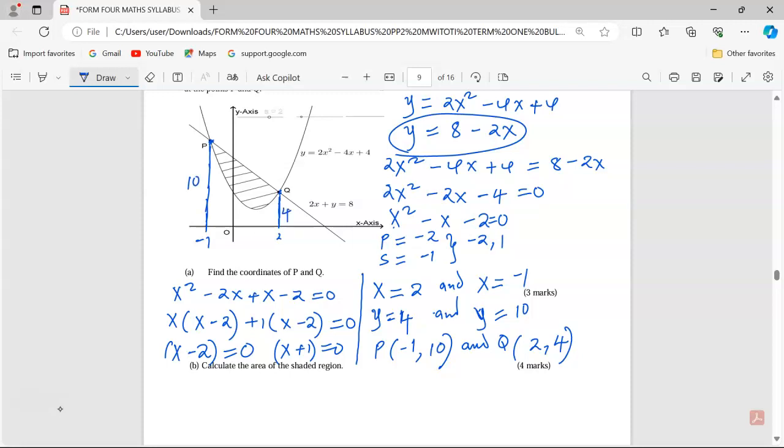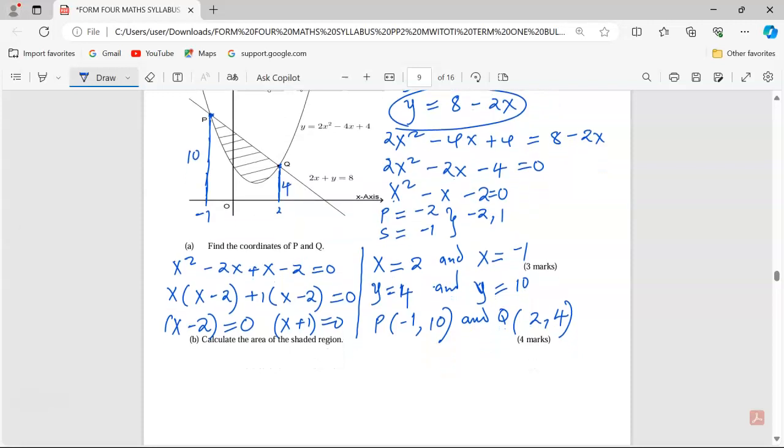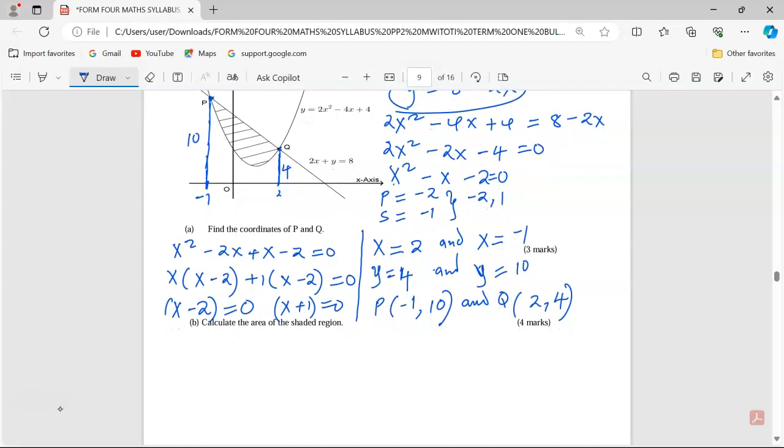Then the perpendicular distance between the two parallel sides, from negative 1 all the way to 2, is 3.